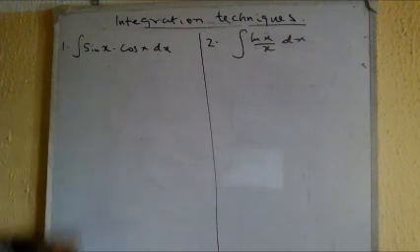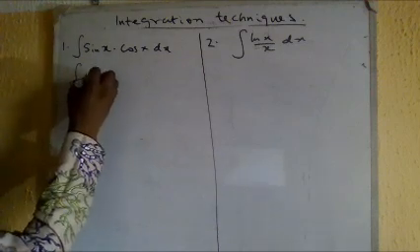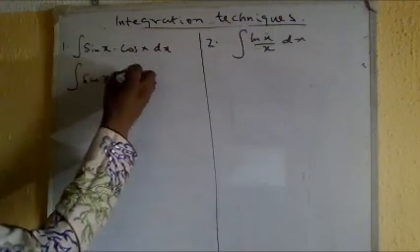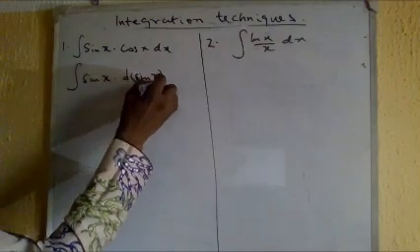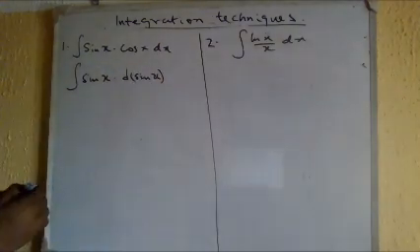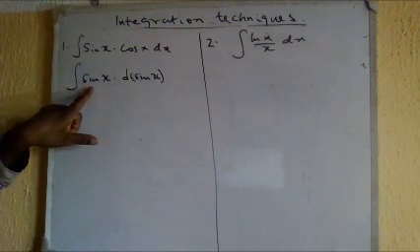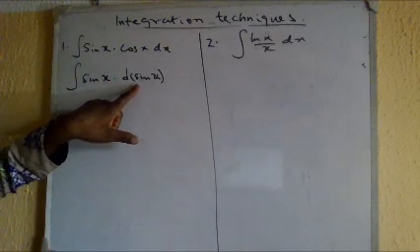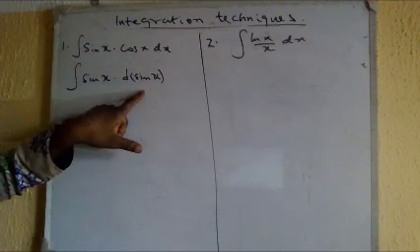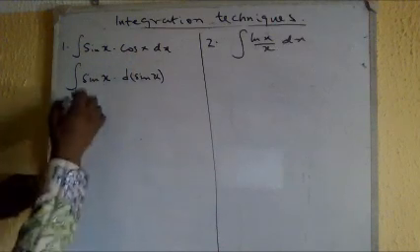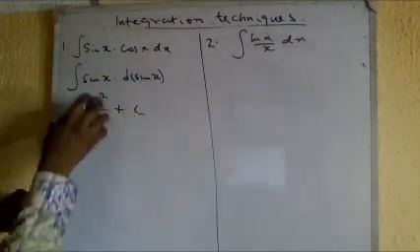If I check, this one is the same thing as saying d dx of sine x. That is, if I check this one and I see that sine x times the differential of this same sine x gives me the second product, I can now apply the rule that says z squared over 2 plus c, where z is the first function.